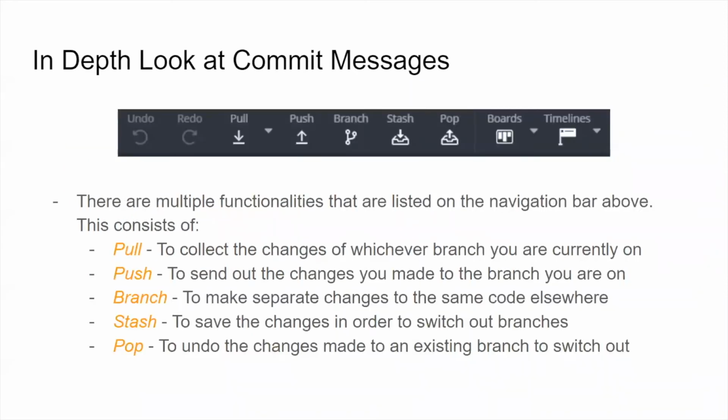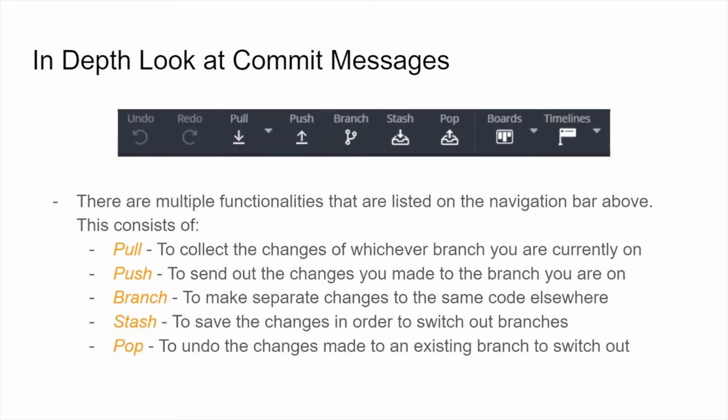Now on the very top is that navigation bar, and there's multiple functionalities on top, but these are typically used to mess with branches and to ensure changes are solidified. So we got the first button, which is a pull. And what a pull does is if you're behind a change or multiple changes on a branch that someone else wrote per se, then you are able to pull those changes to that branch and get all the changes that the other user had pushed.